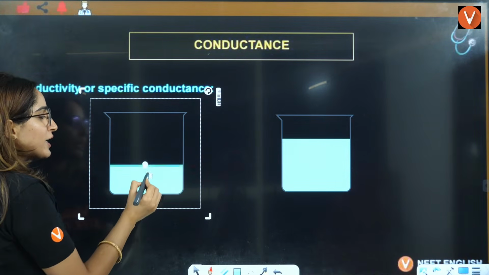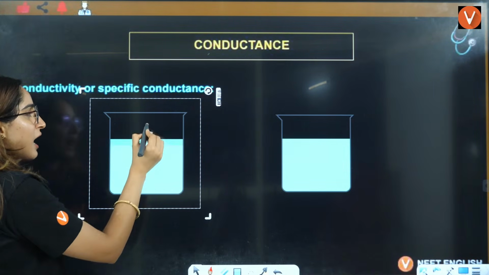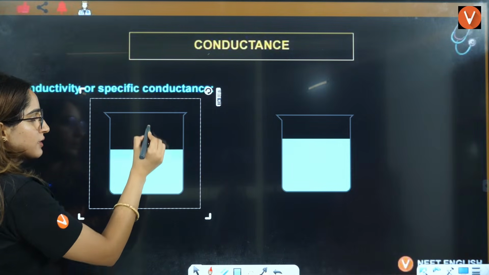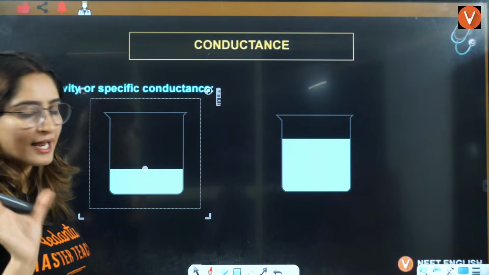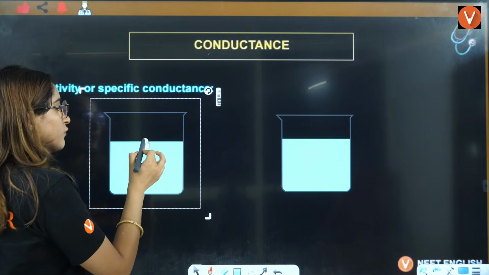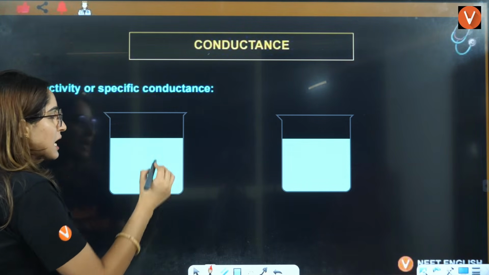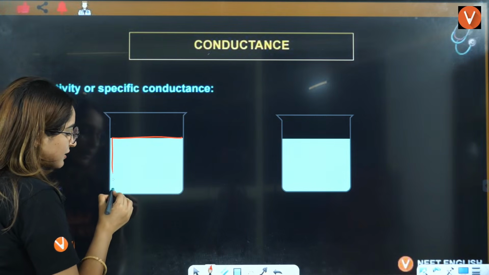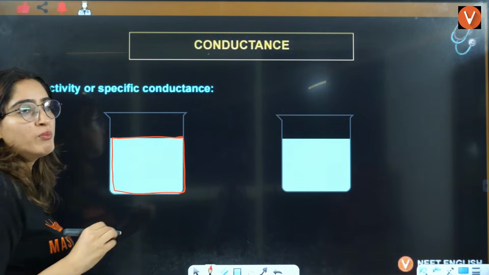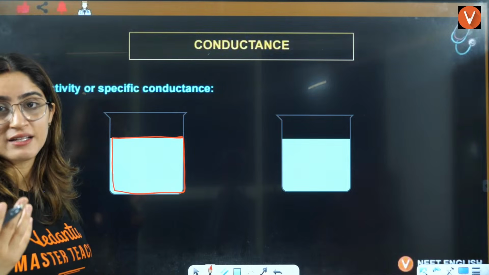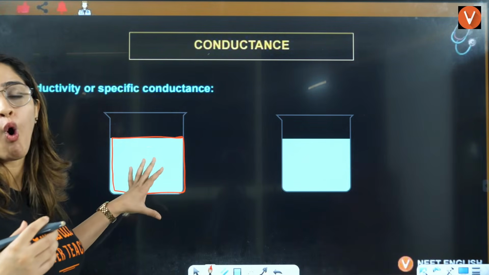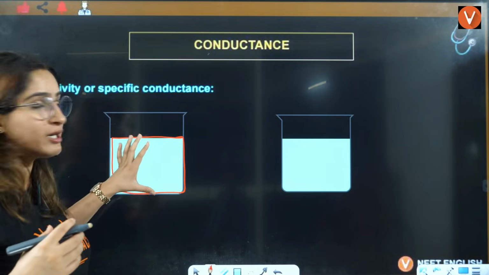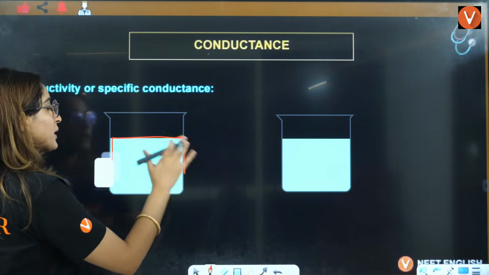According to the volume, are my ions changing? Let's say I am not talking about any dilution. I am fixing the volume to this much. Now I want to see the number of ions, or the conductance, the flow of ions in this particular length and volume.